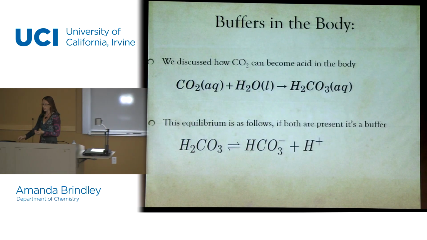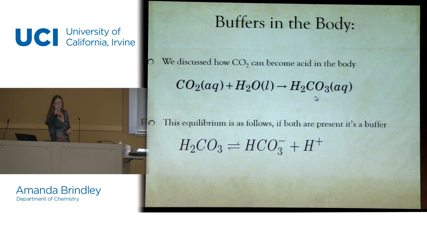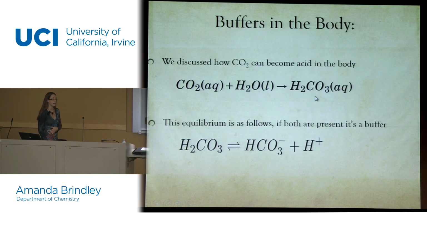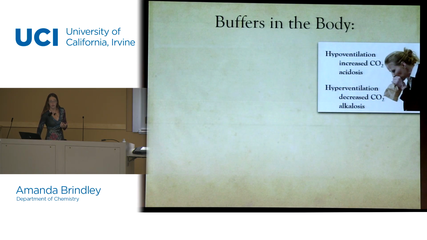We control how much H2CO3 we have in our body through breathing. We don't do this consciously, but our brain's pretty good at it. As long as you have both of these, it's a buffer, and that's how our breathing works.